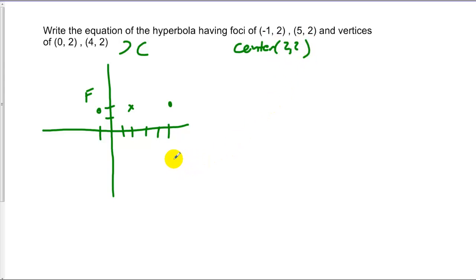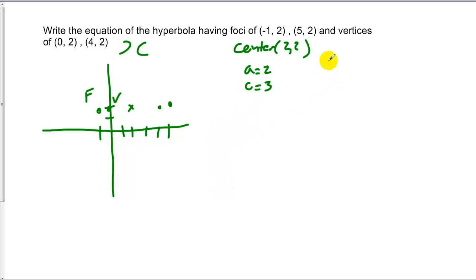Then I have vertices at 4, 2 and 0, 2. So therefore I know my A distance is going to be 2, my C distance is going to be 3, and from there I should be able to almost get done writing this.